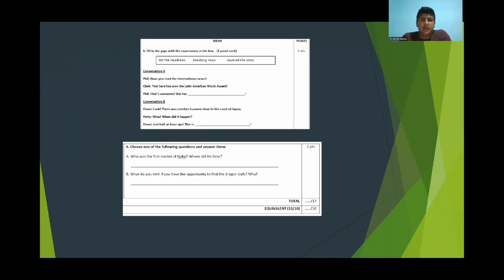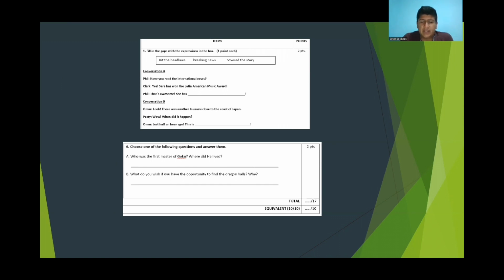So, as you can see in my test, the parts of the test are well designed. There is a part that has the questions, and another part that has the points that the student is going to get if he or she does the test and answers in the right way.